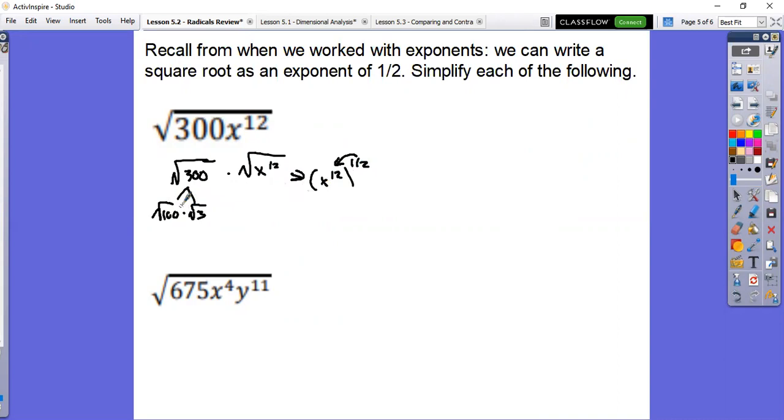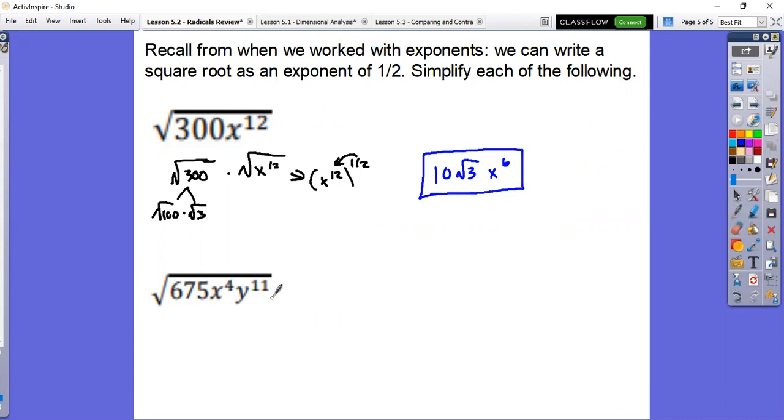So this square root of 300 simplifies to 10 square root of 3, and this x term simplifies to x to the 6th. So then this would be the simplified version of this expression.